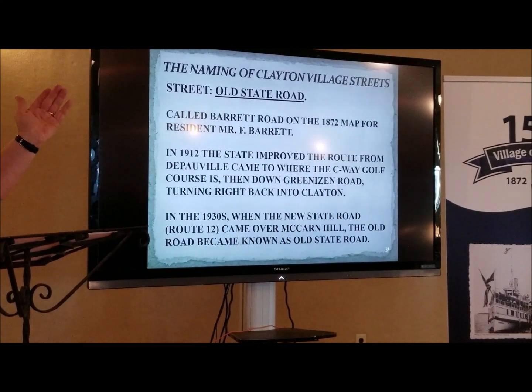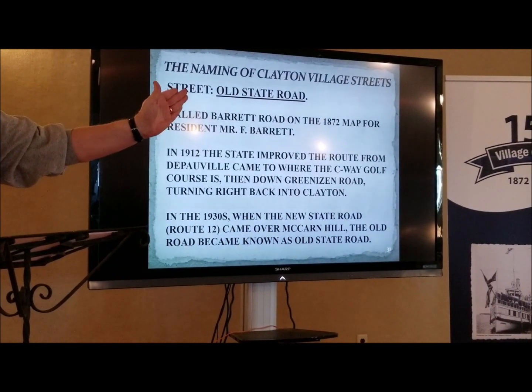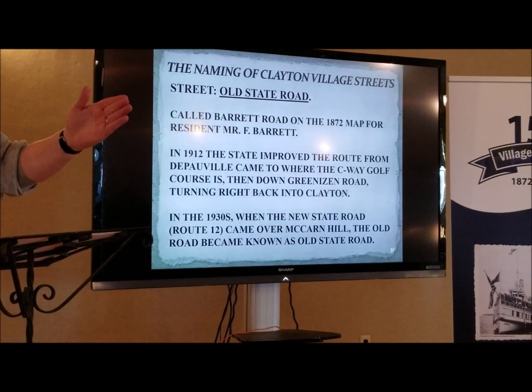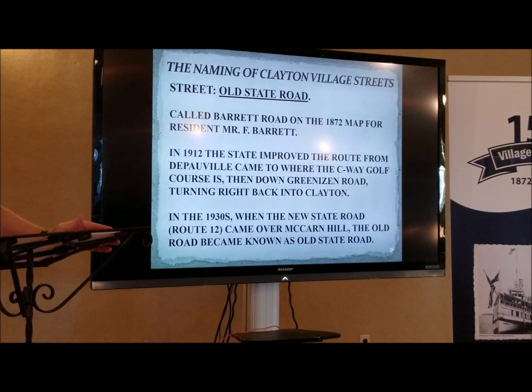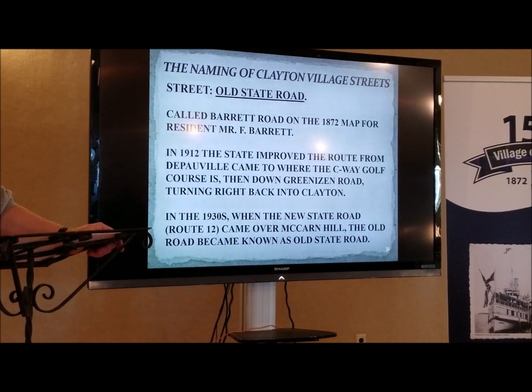You would come out of DePaulville, go to the Seaway, basically where the golf course is, and take a left down what is called Green Eisen Road. You would have gone up toward Beeshaw's Cheese Factory, the Fernal Road, taken a right, come out by the cemetery, and taken a left into the village. You would have bypassed McCarnes Hill.